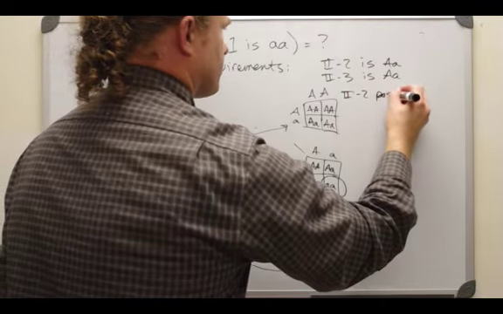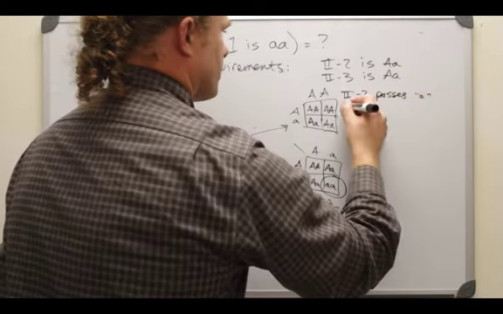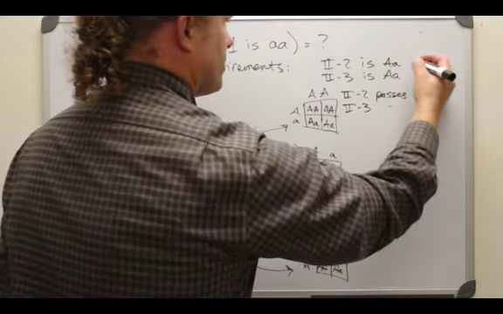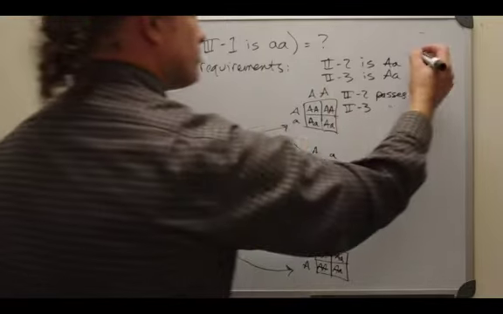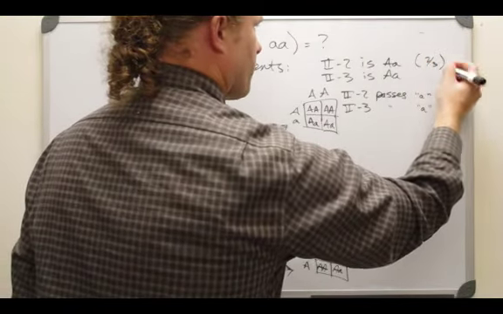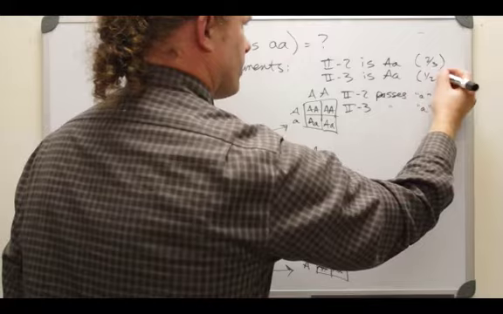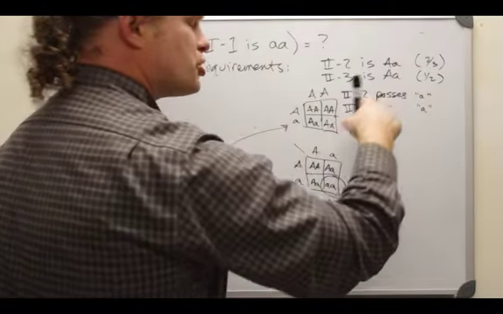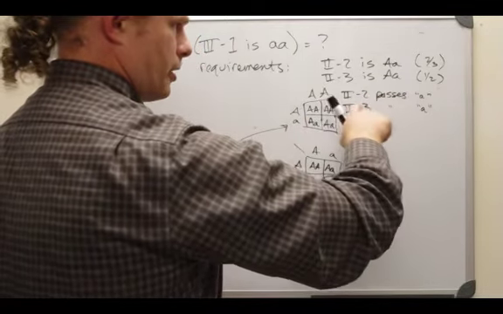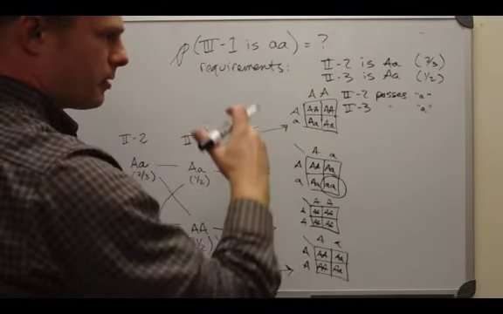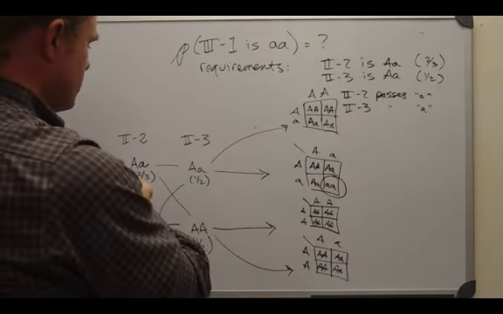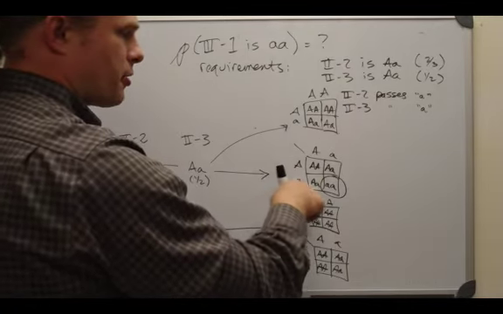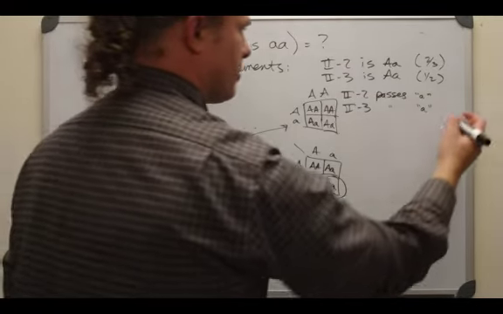2-2 passes the little a allele. 2-3 passes the little a allele. This has a probability, as we figured out, of 2/3. This has a probability of 1/2, as we figured out. And then assuming that they are a carrier now, because this is part of the requirement list to say they need to be a carrier and they need to be a carrier, and then assuming they're a carrier, they pass the little a, so it's already worked into that probability.